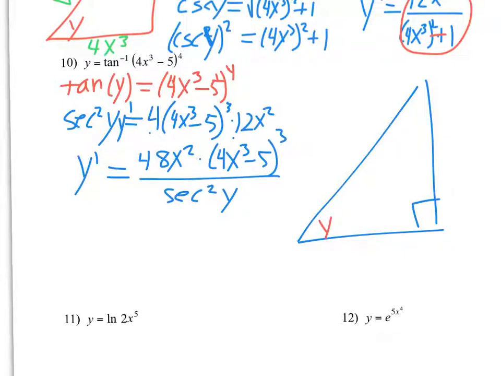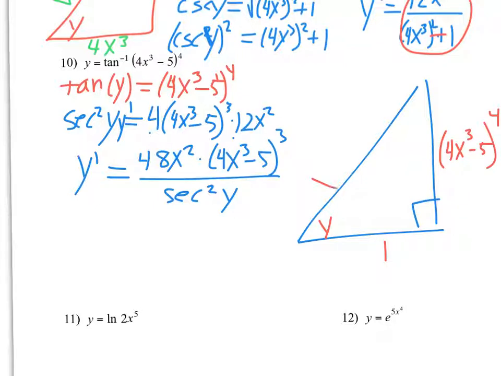Here we've got y. We know that tangent is opposite over adjacent, so we've got 4x to the third minus 5 to the fourth power. Adjacent is 1.